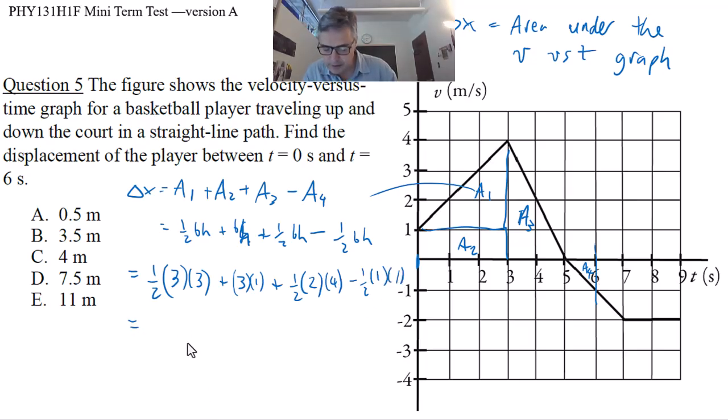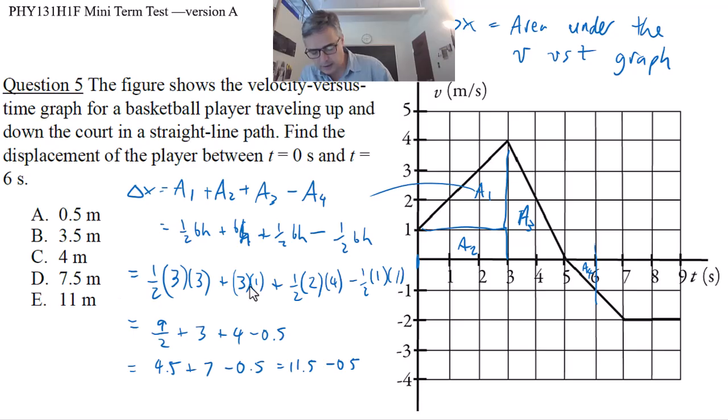Working that all out, I've got 3 times 3 is 9 over 2, plus 3, plus, these 2's cancel, so it's 4, and then minus 0.5. So I've got 4.5 plus 7 minus 0.5. 4 plus 7 is 11, so 11.5 minus 0.5, so it should be 11 meters. Delta x equals 11 meters. E.